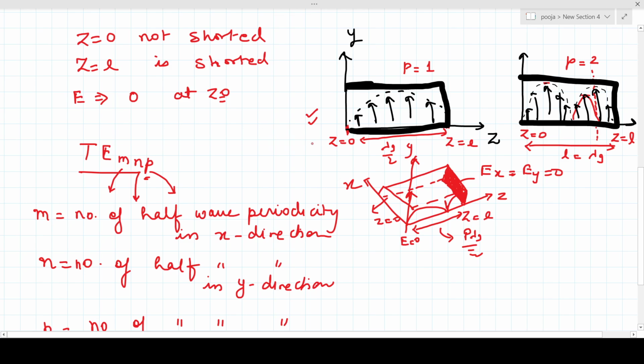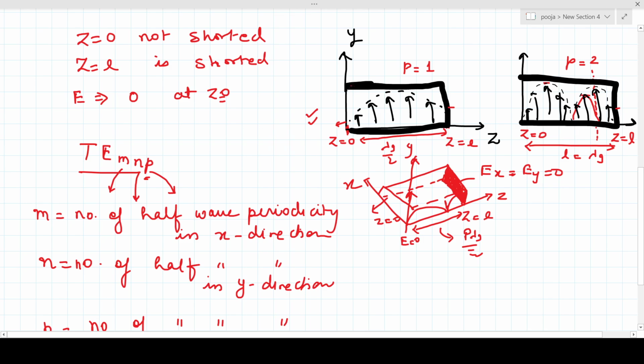Now here in this example, we assumed that z equal to 0 was open and z equal to L was closed. And we said that at a particular frequency we are allowing only those waves which have a null at z equal to 0.